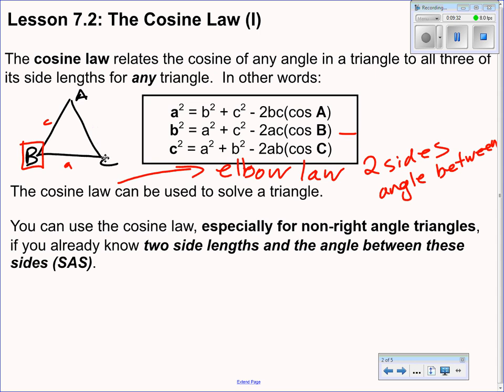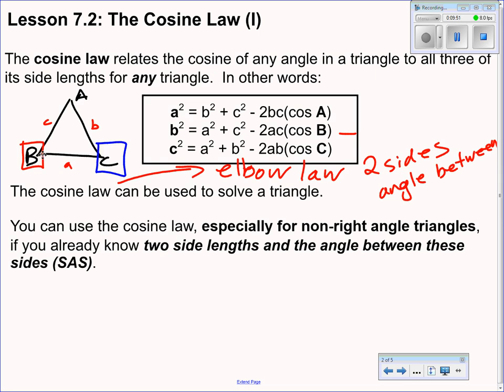But let's say I didn't have the equation in front of me. What I'd have to do is say, okay, let's say I was looking at angle C. I would literally have to look for the elbow. So my elbow is here.